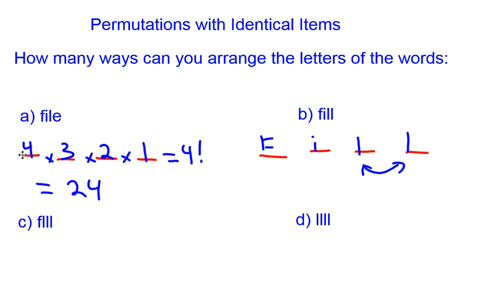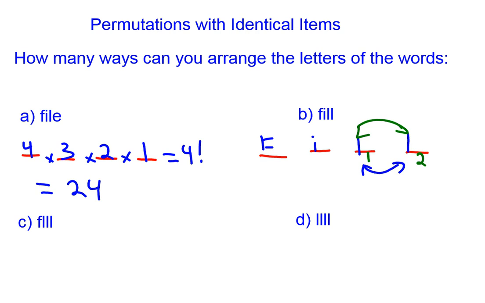And in fact, for every one of the 4 factorial ways of arranging the letters in the word fill, we could swap the 2 L's. No matter where they are, we could swap those 2 L's and get the same word. So we need to take those arrangements out.